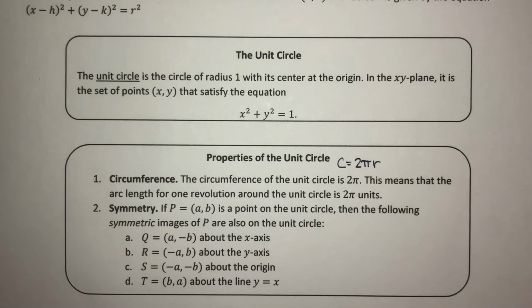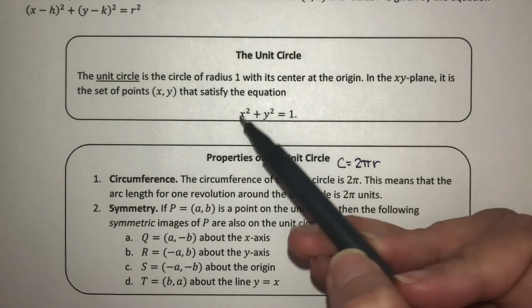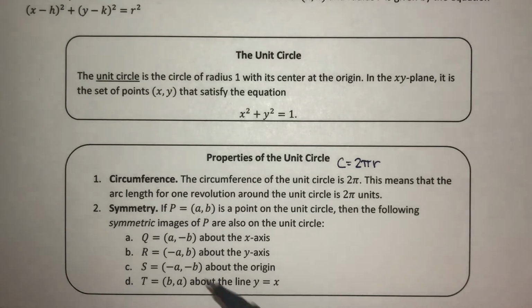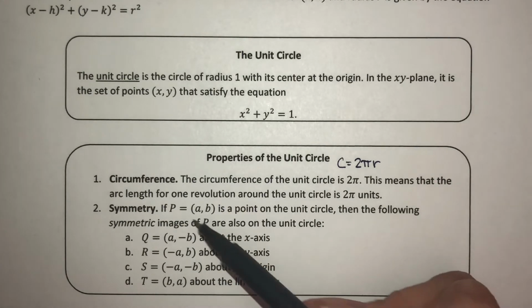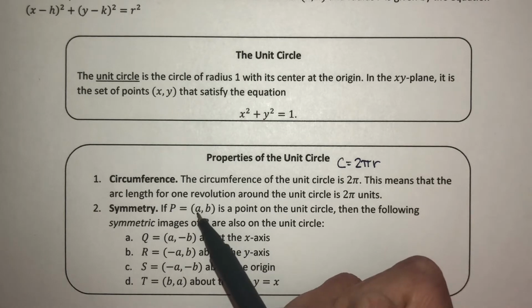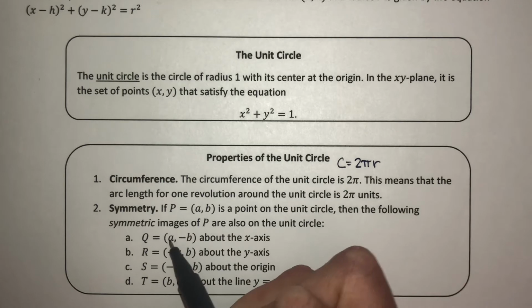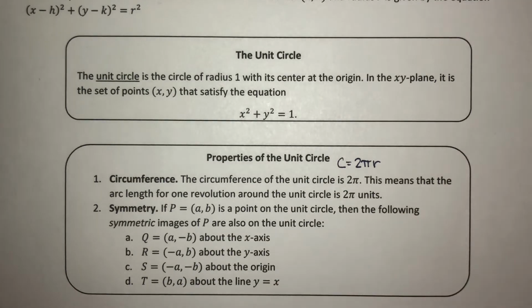Now, let's also talk about some symmetry. We know that if we square a negative number, we get the same answer as squaring the positive number. And since x and y are both squared, that means that we have some things that are always definitely going to be on the circle. Because if a squared plus b squared is 1, then a squared plus negative b squared is also equal to 1, and so on and so forth.